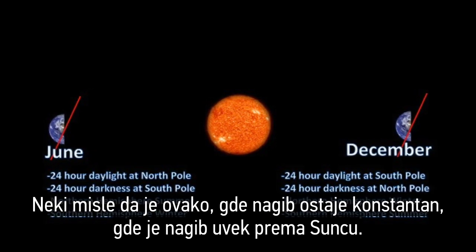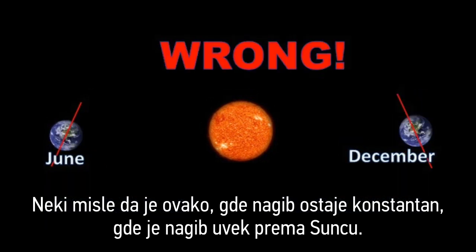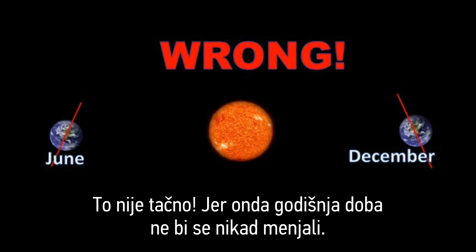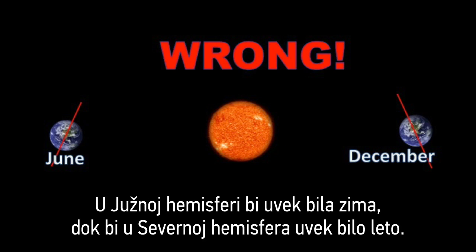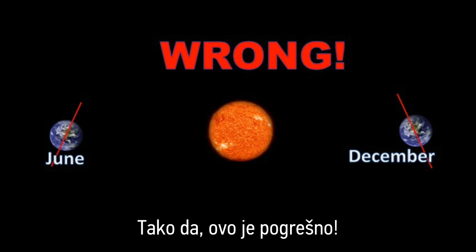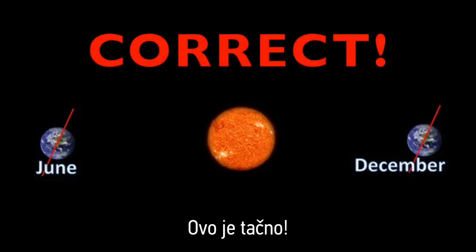Now, some people think it's like this, where the tilt remains constant, where the tilt is always pointing towards the sun. But that's not correct, because then the seasons would never change. The southern hemisphere would always be in winter. The northern hemisphere would always be in summer. So this is wrong. This is correct.